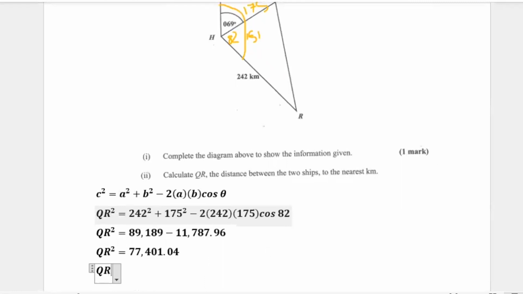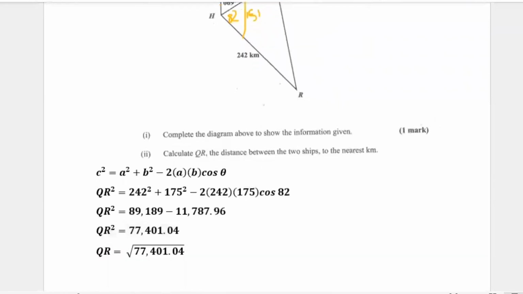So QR would be equal to the square root of this. So we're getting rid of the square from our QR. So it will be the square root of 77,401.04. And what will that be?